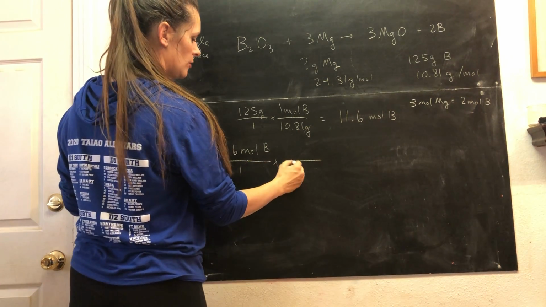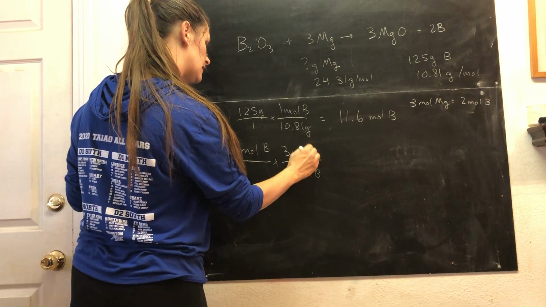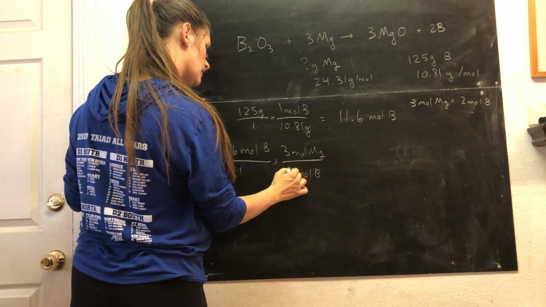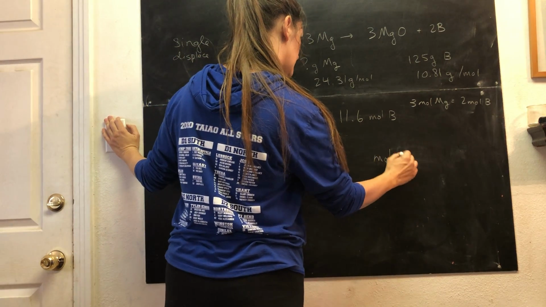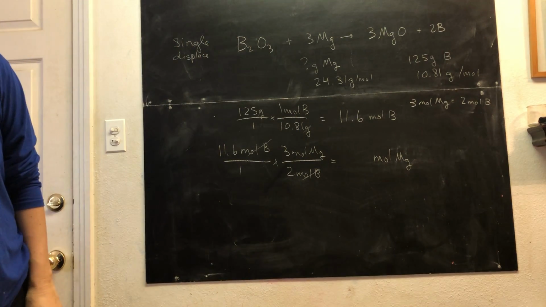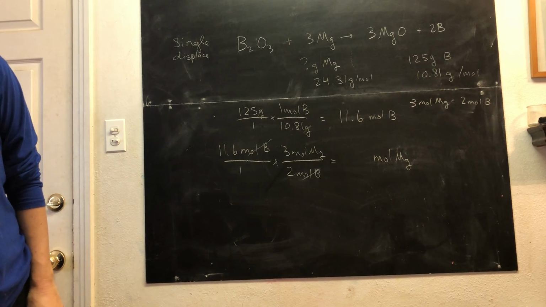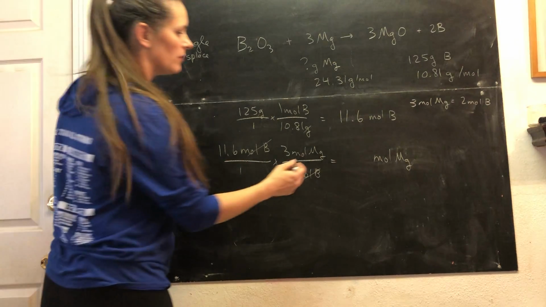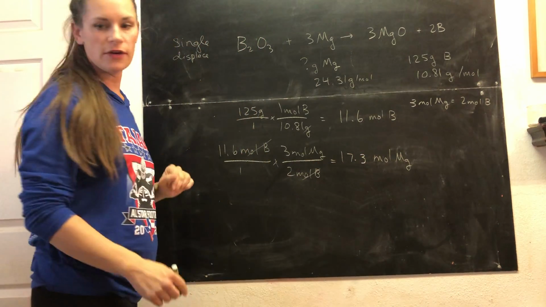I know 2 moles boron give me 3 moles magnesium. Then I can cancel out moles boron, and I'm left with moles magnesium. So 11.6 times 3 divided by 2 equals 17.3. Right, 3 significant figures we're going to carry through.